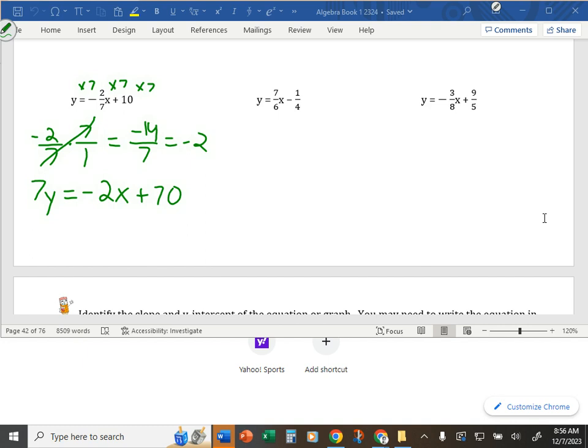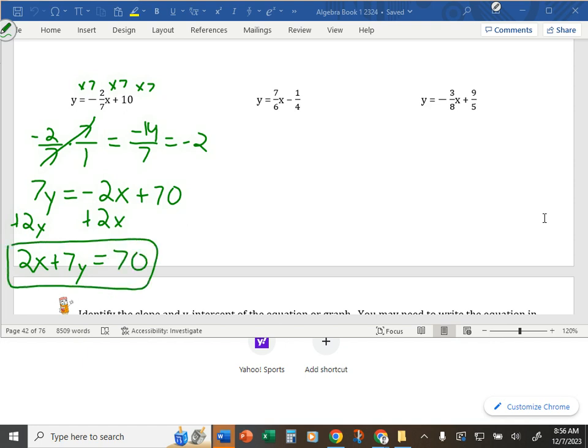You have to multiply each term. Every term in the equation gets multiplied, otherwise you change the value of it. Now we're going to add 2x to both sides. We cannot combine our x and y term. They're not like terms. So 2x plus 7y equals 70 is the final answer.